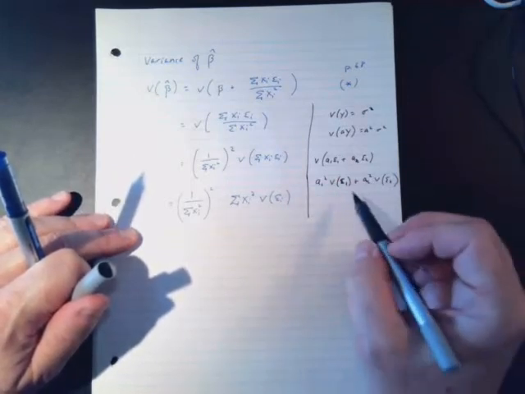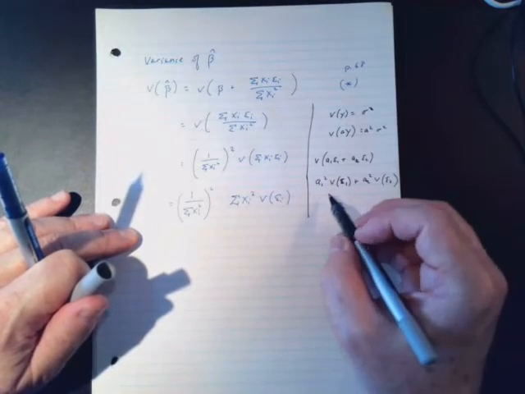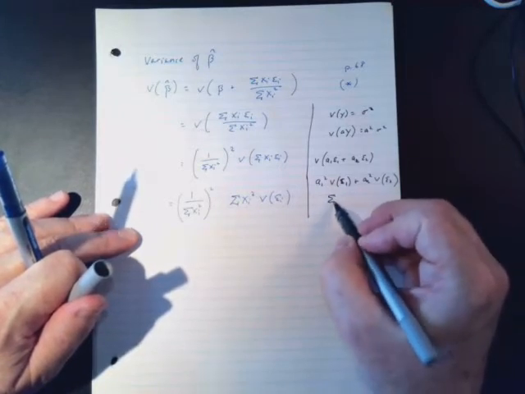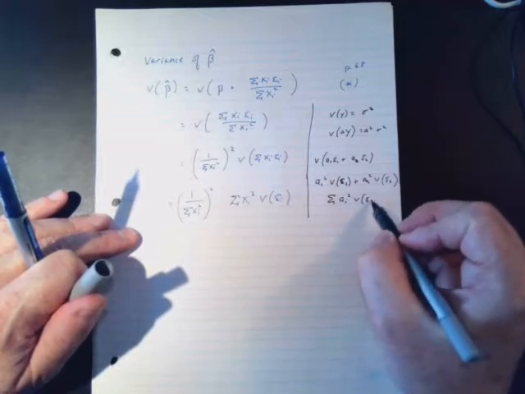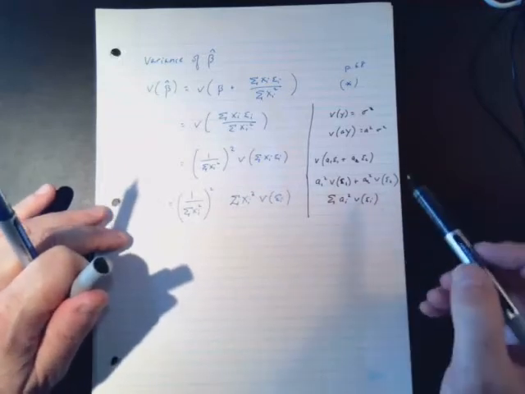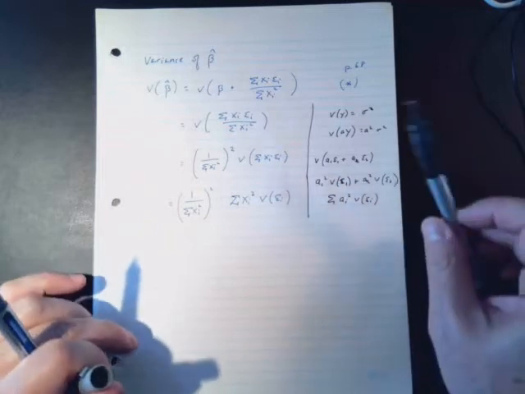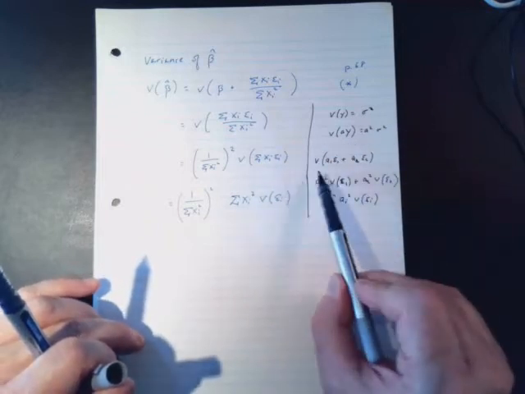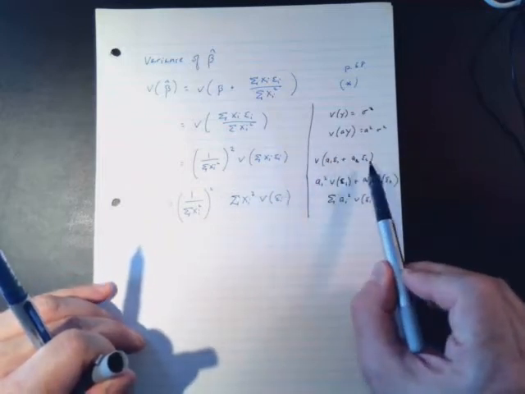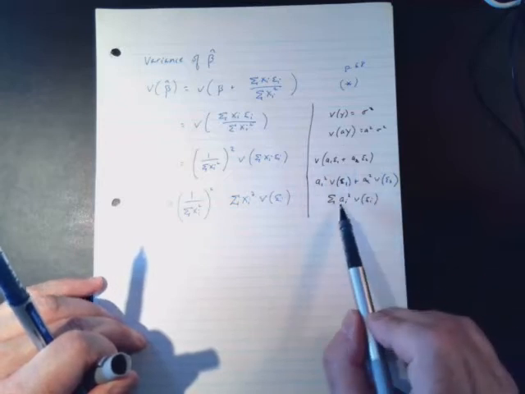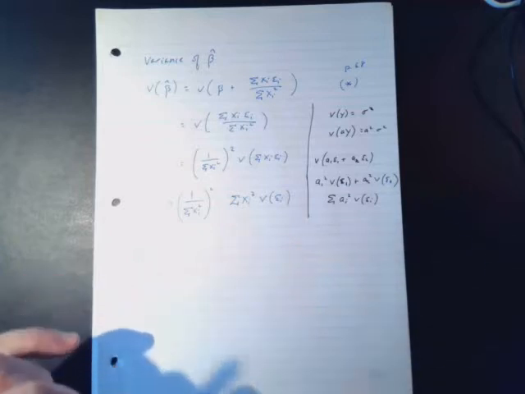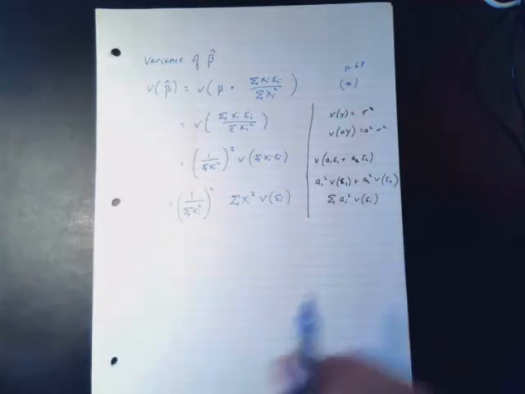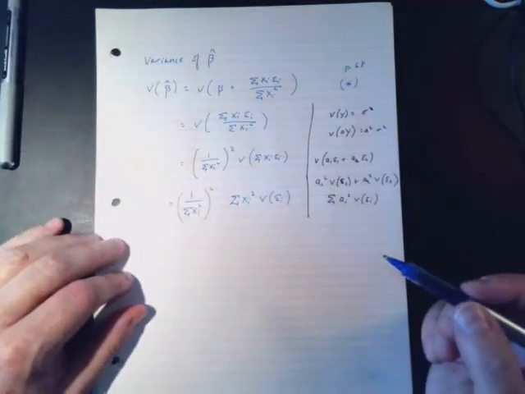And so that means we've got the sum of a_i squared times the variance of epsilon. So we started out with the variance of the sum of these terms, and then we get the sum of the constant squared times the variance of the term. So those steps are permitted.